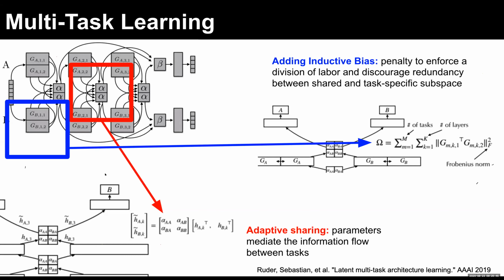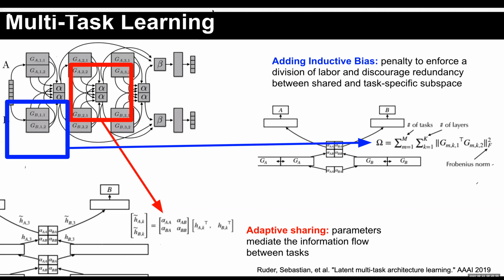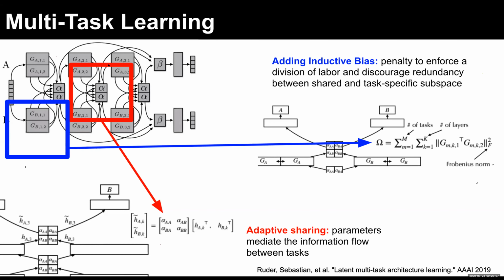Again, if we zoom in on some of these red boxes a bit more, I'm going to pick up this example here. If you see my mouse, you can see that each of these layers is divided into two parts. One is a shared component of that layer, and the other is a task-specific component of that layer.